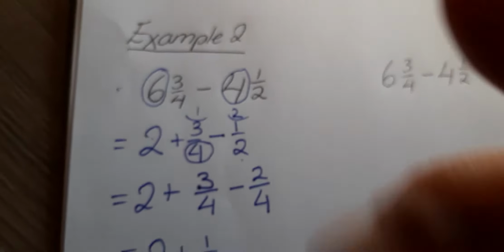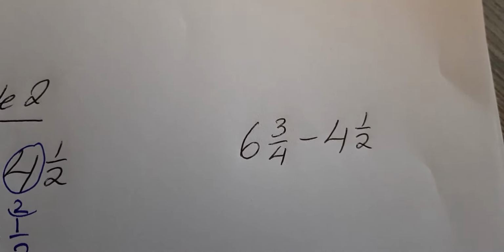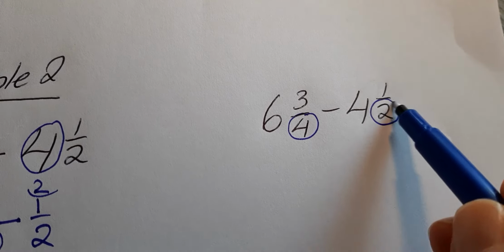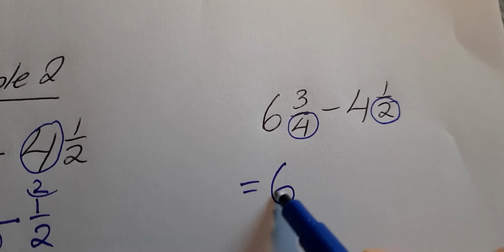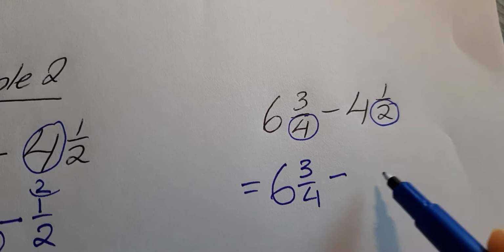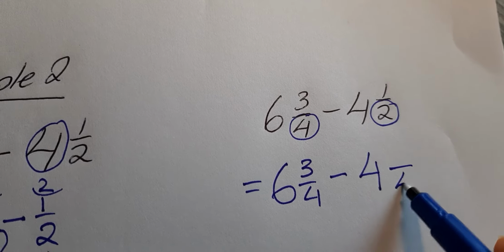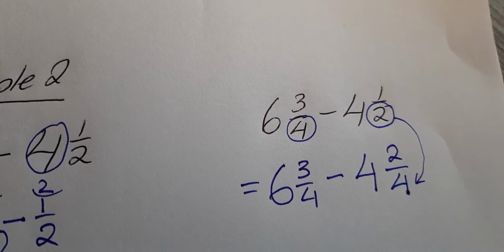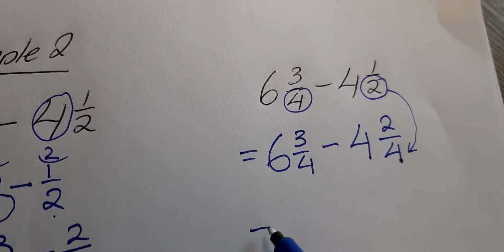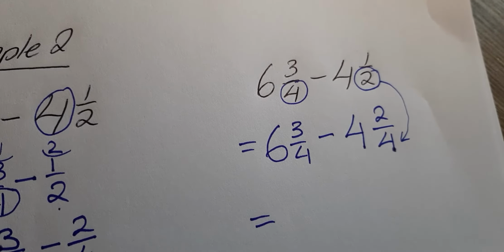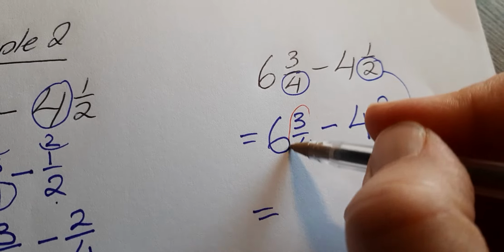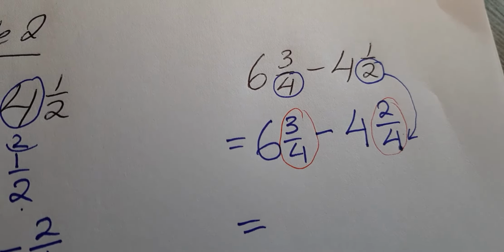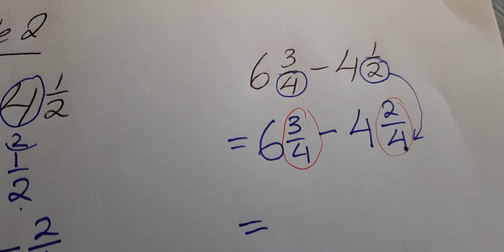So the second variation is to actually notice straight away that the denominators are not the same. So first of all, I'm going to make the denominators the same before I do any subtraction. So 6 3/4 minus 4, and I make that into quarters. I times the numerator by 2, 2/4. And now I do my subtraction. I should really start with the fractions, because you never know, the fractions might not actually be able to subtract them.